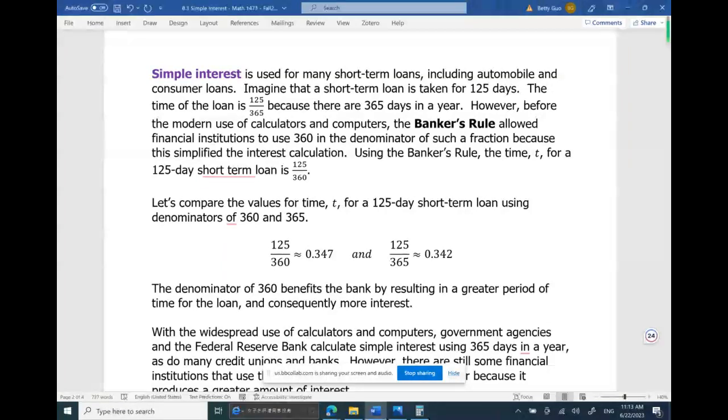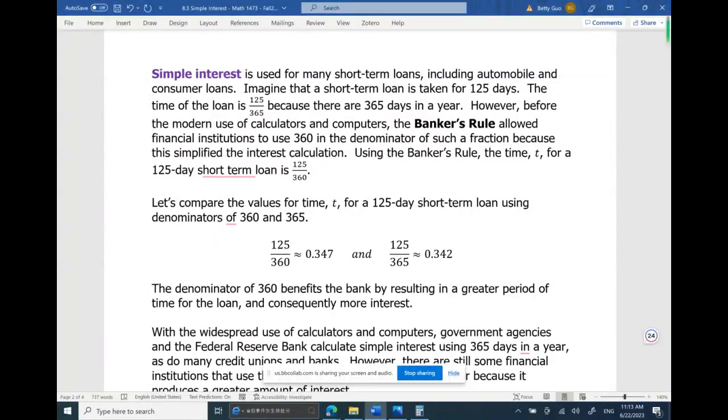However, before the modern use of calculators and computers, Banker's rule was very popular. They use 360 days as the denominator instead of 365. We know if the denominator is smaller, then the fraction is bigger. So if we use 360 days instead of 365 days in the example of a short-term loan for 125 days, then the time in year is going to be bigger, even just a little bit bigger.